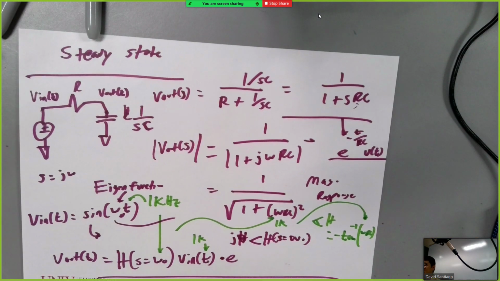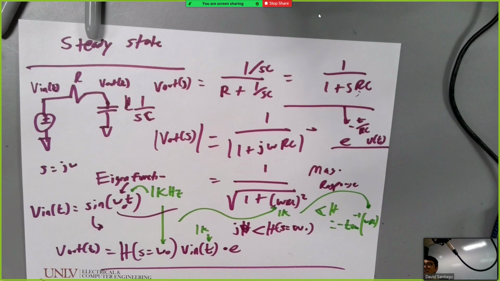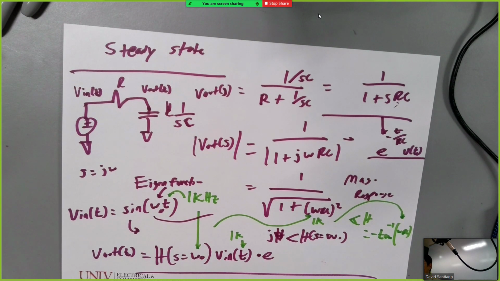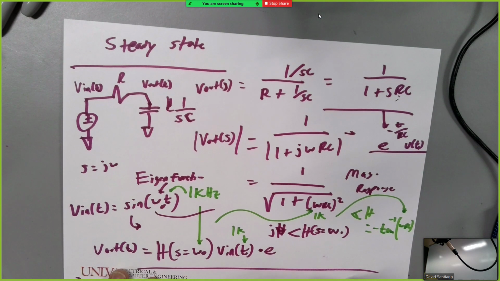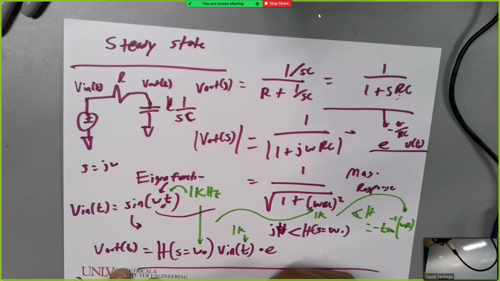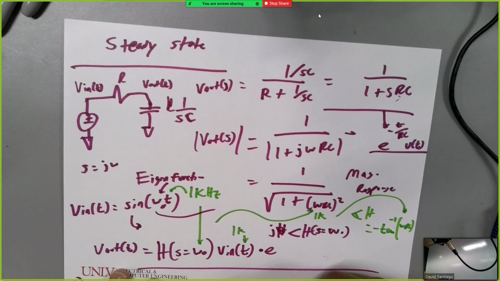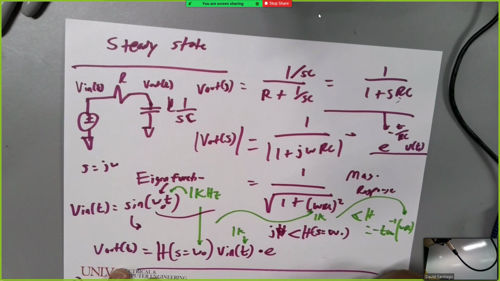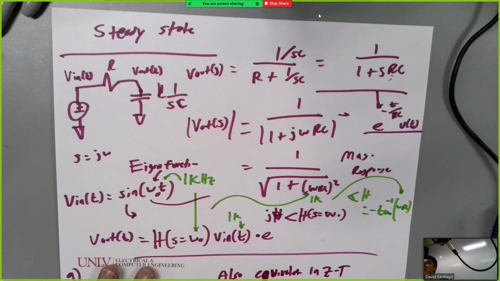You have a change in magnitude and a change in phase. That's what he means by steady state. And there's an equivalent thing that you can do with Z transforms, also equivalent in the ZT.